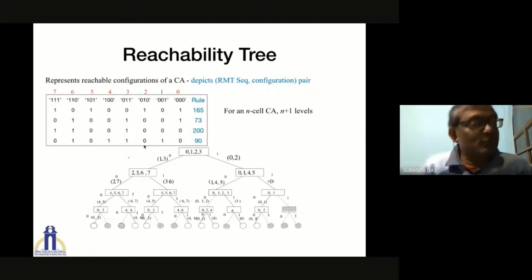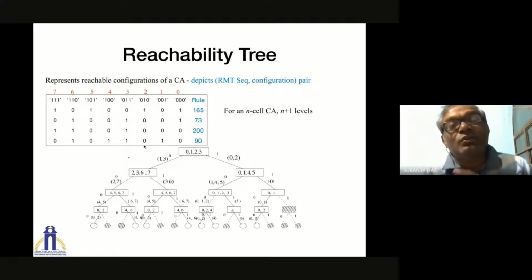So 0 and 2 are on the 1 edge, and 1 and 3 on the left edge. In this way, the RMT tree is constructed.